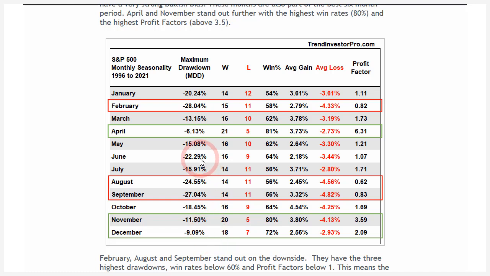And then one more here that kind of jumps out is June. You can see June had a 22% drawdown, and it was up 64% of the time, but its profit factor was barely positive, 1.01.